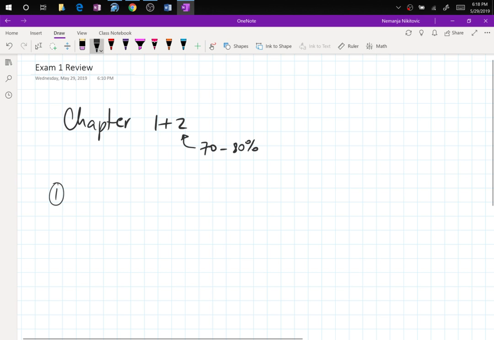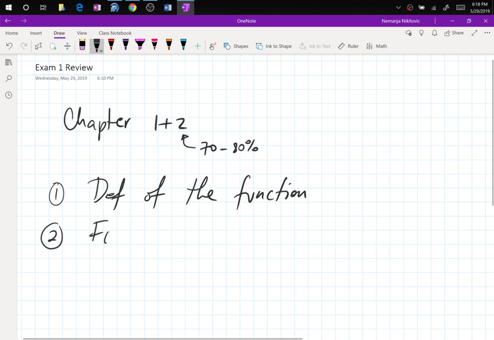Number 1, definition of a function. What else is there? Function composition. Remember the difference quotient, right?